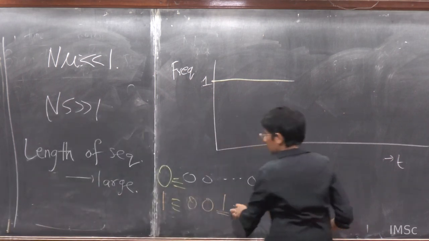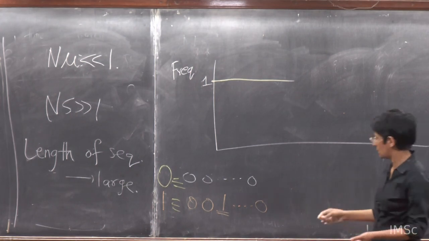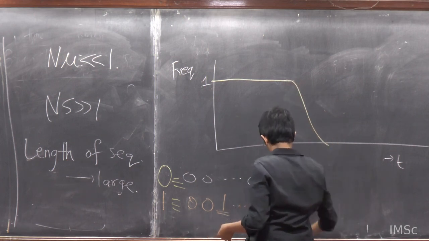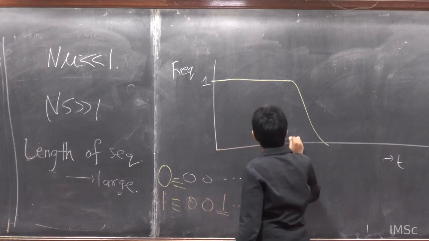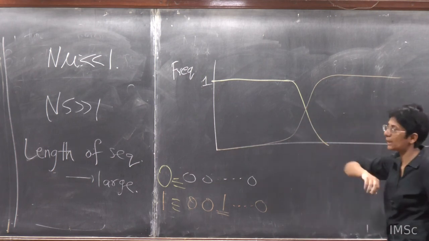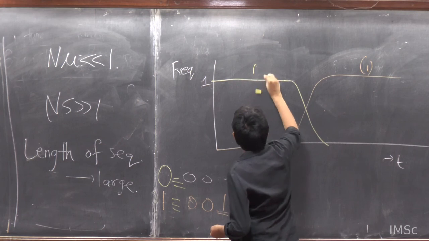So, because it is fitter, right, it can possibly take over this population. So, what happens is this frequency goes down and this was not there, and it appears and takes over the population. Okay. So, it's the 1 and this is the 0's population.